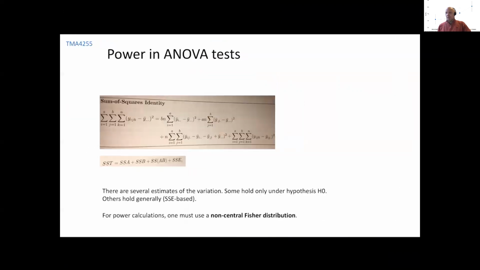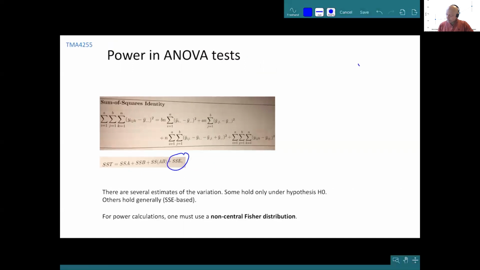Power is important, so we're mainly looking at this hypothesis H0, whether it should be rejected or not. We want to reject when H0 is false. That's the power.